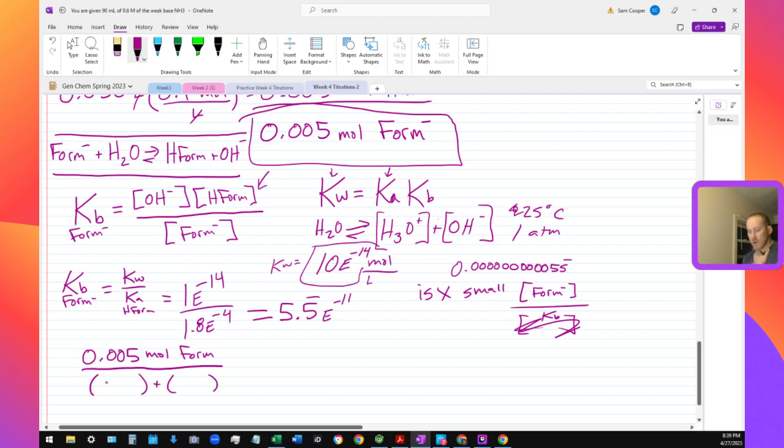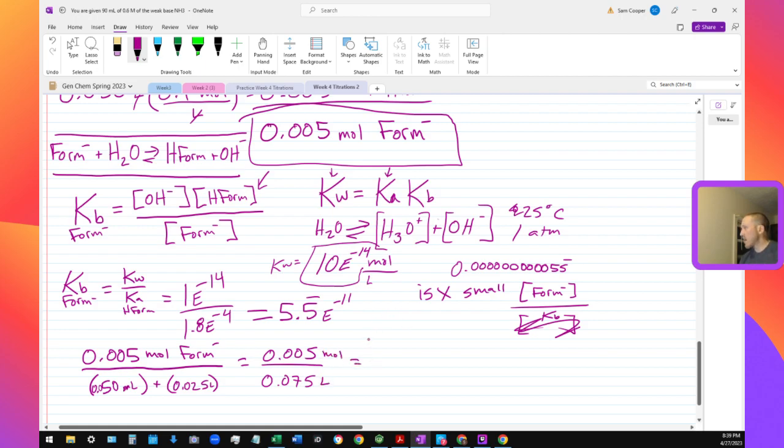We had started with an aqueous solution of 50 milliliters, so that's of course 0.05 liters. And then we added 25 milliliters, liter, mole, cool, formate, cool. And so that turns into that many moles per liter.